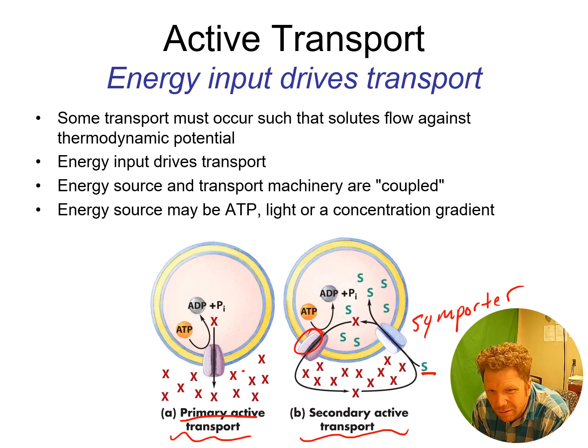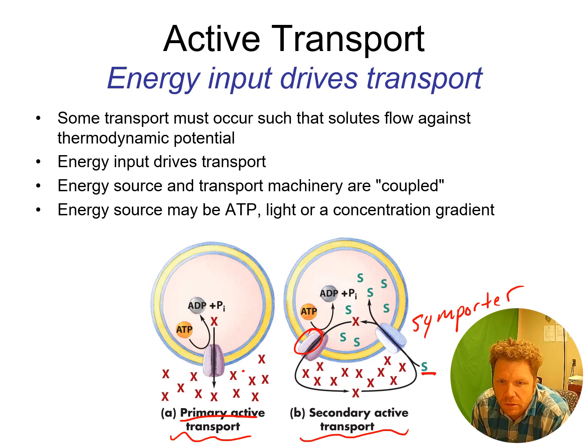S, by comparison, is basically only able to use X as kind of a driver almost. It's almost like S says, okay, I need to get across the membrane. X says, well, I can make it across the membrane fairly easily. Ride with me.